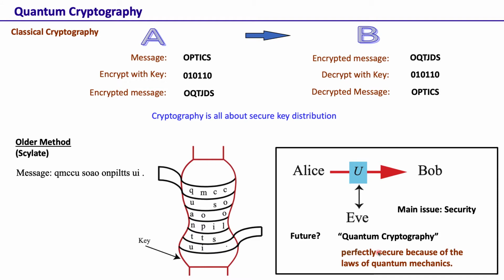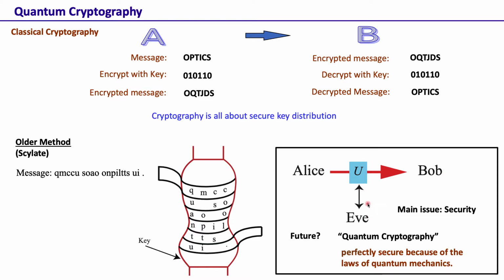There could be an Eve even in quantum cryptography, but if Eve gets some information about the key being sent from Alice to Bob, then because of the quantum principles, Alice and Bob would get to know that someone is eavesdropping, which is not possible in classical cryptography. In classical cryptography, if someone gets the information, Alice and Bob will not know.